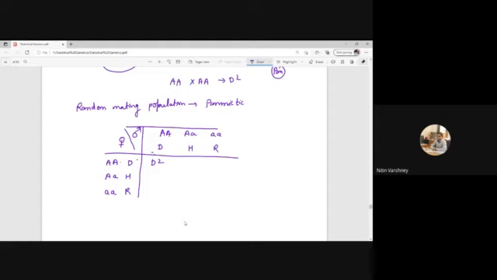AA can cross with Aa, with probability DH, and with aa, which is DR. Likewise, HD, H square, HR, RD, RH, and R square. This is a table, or the square of all possible random matings.